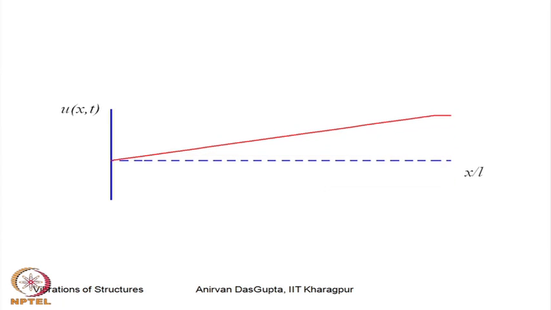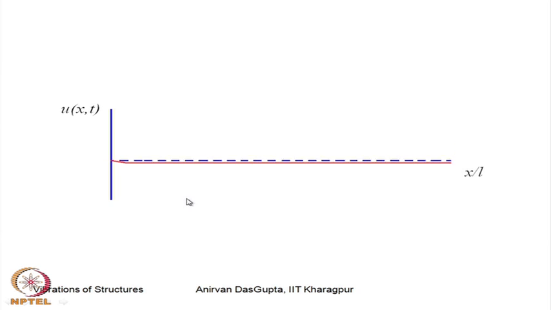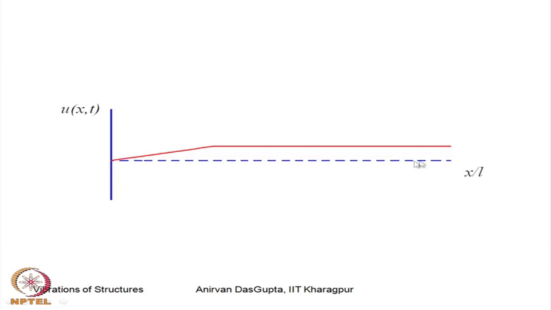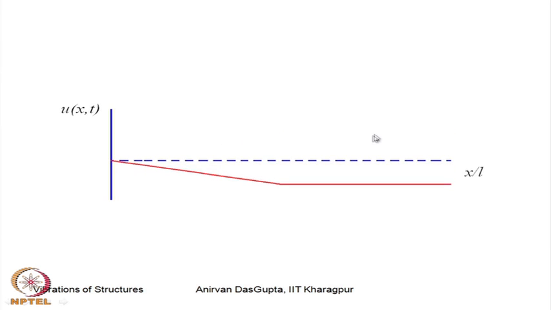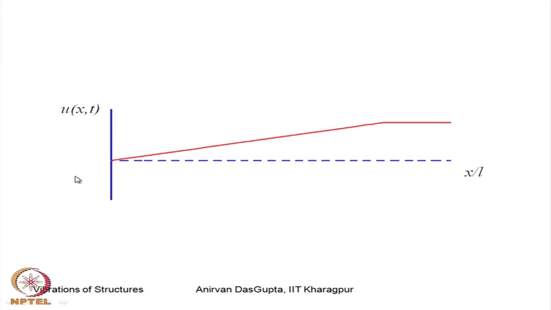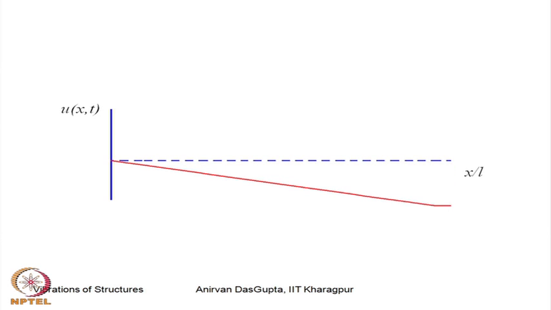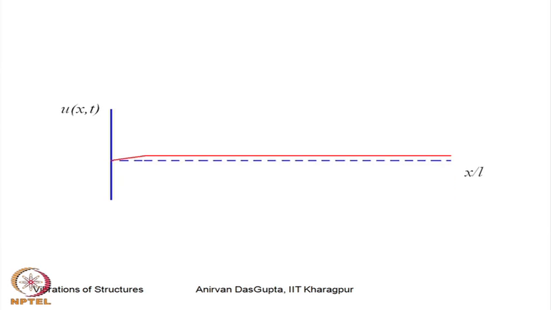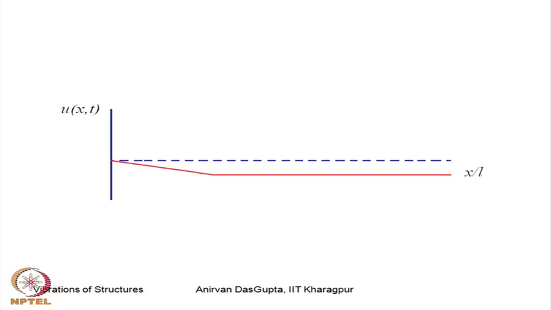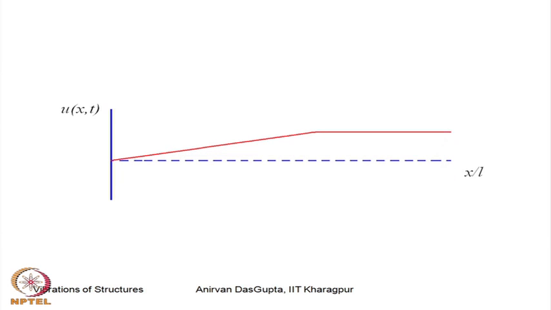So, as you can see, at this instant the compression wave is propagating. Now here it is in tension, on this side it is compression, and this wave propagates back and forth in the bar, which is shown in this animation.